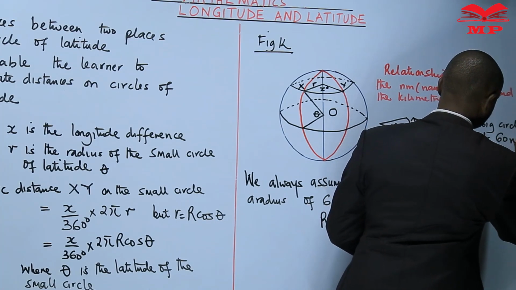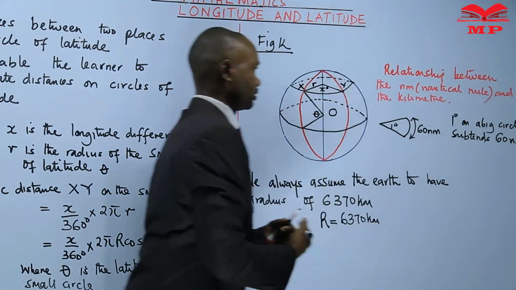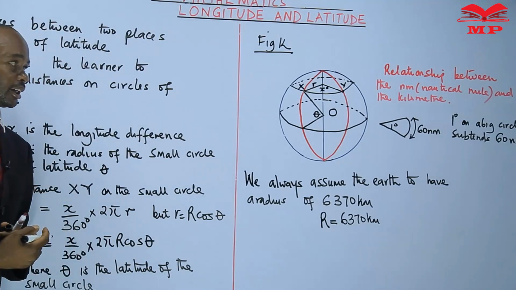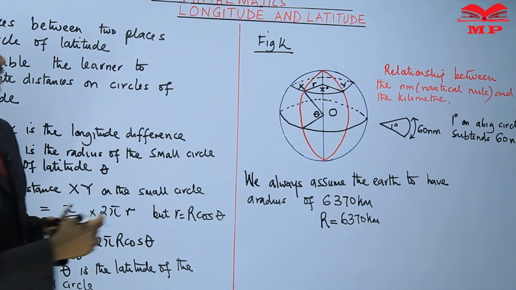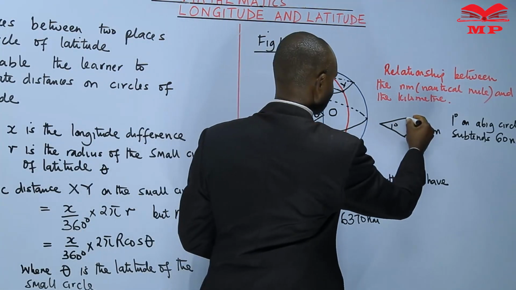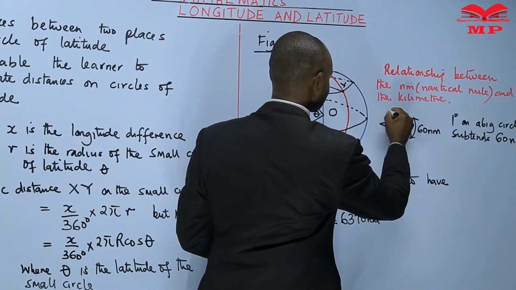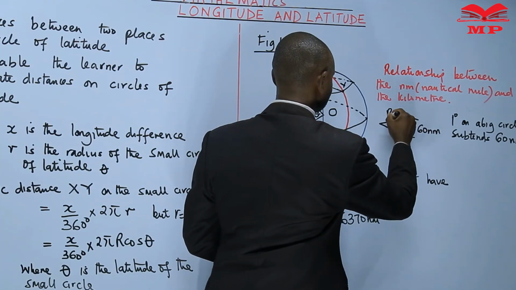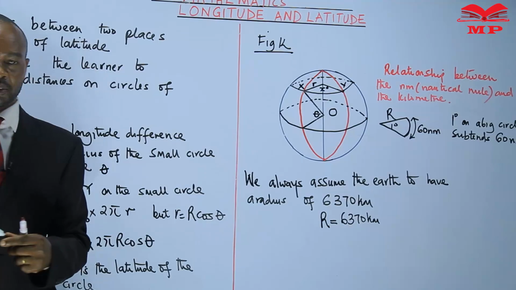Check very carefully. We can calculate this distance in kilometers because this is R, since I'm talking of a big circle.